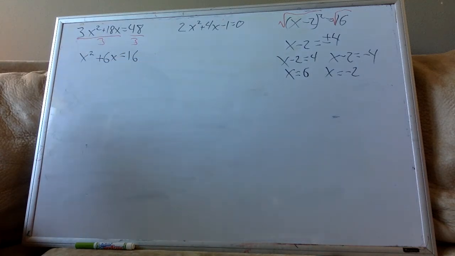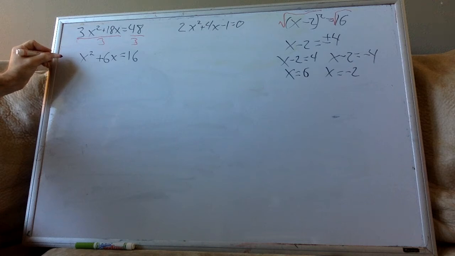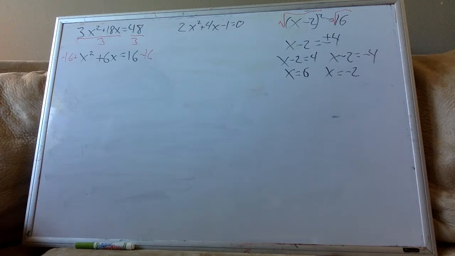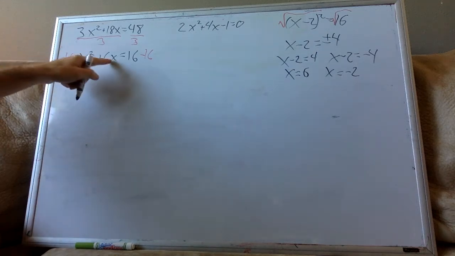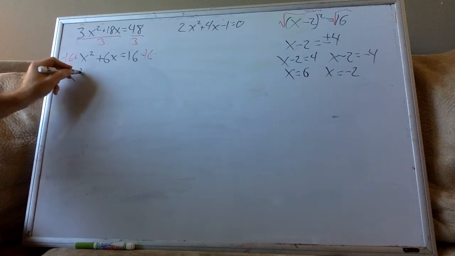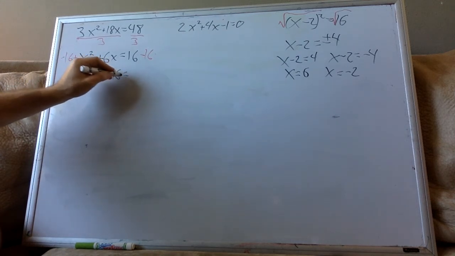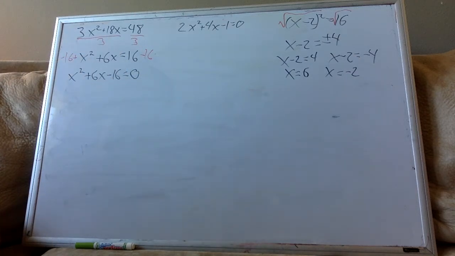Now, to try to factor, I'm going to move everything to one side, so I'm going to subtract 16 on each side. Since these are not like terms, they don't get combined in any way. That's why I have that situation, and I picked 16 so that I would have 0 on this side.